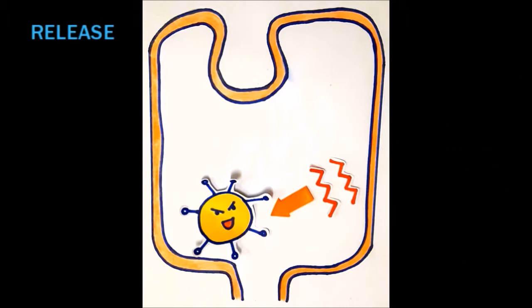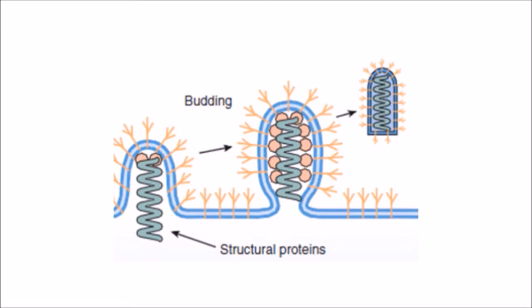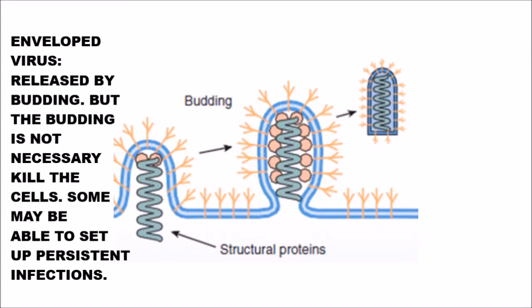The last process is the release of the virus. The enveloped virus will be released by budding, but budding will not necessarily kill the cell. Some may be able to set up persistent infections.